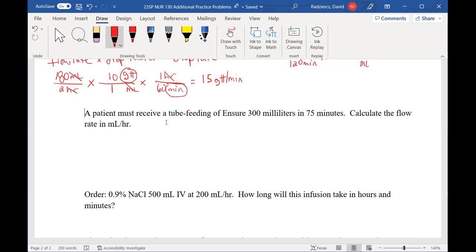So you can see that if it's more drops per milliliter, that means the tubing is very small. And the bigger the tubing, the fewer drops to make a milliliter. So that's what a drop factor is. Yep, drops in a milliliter.